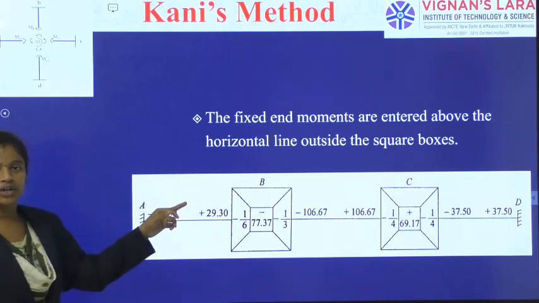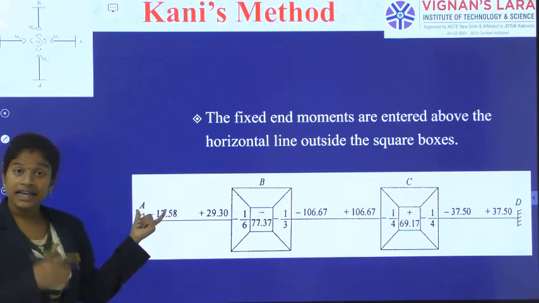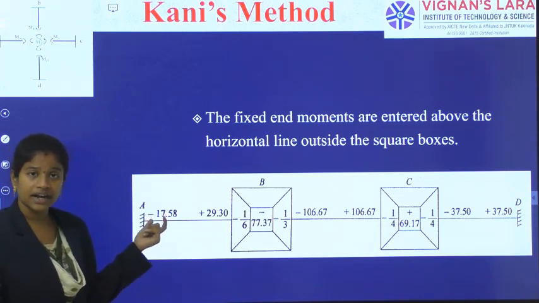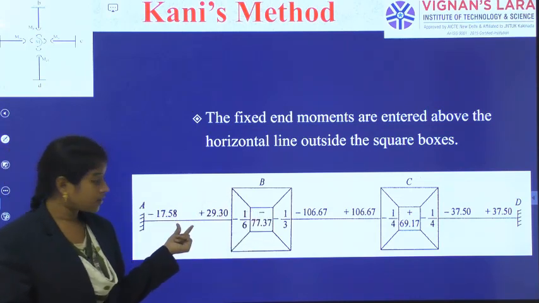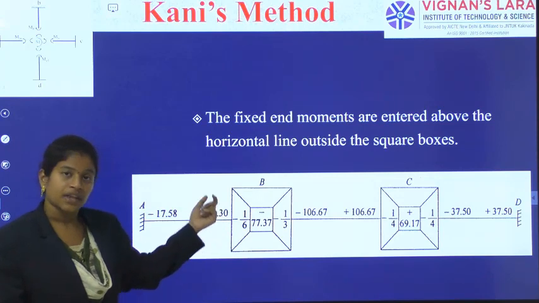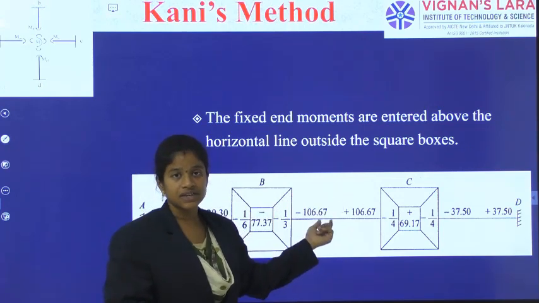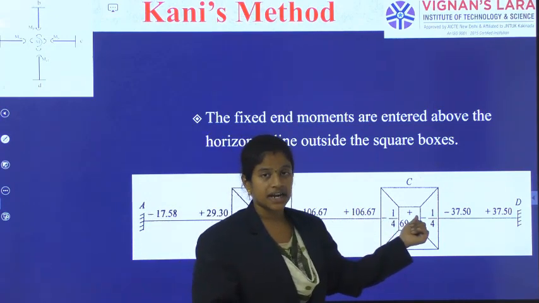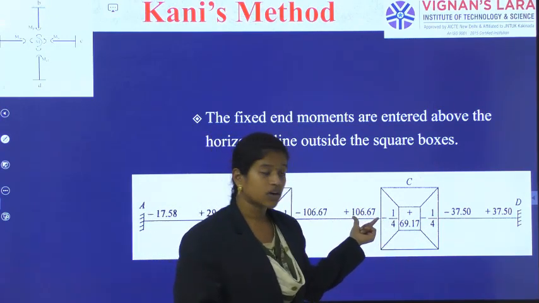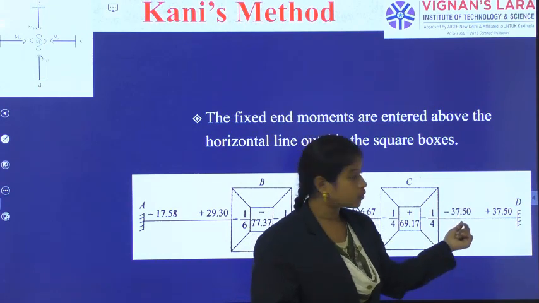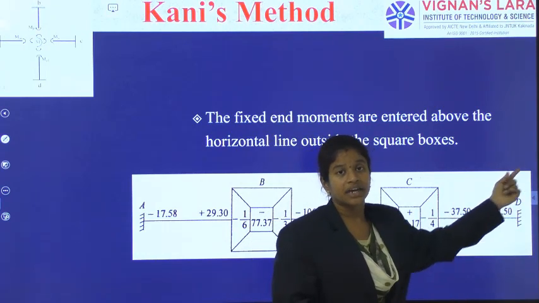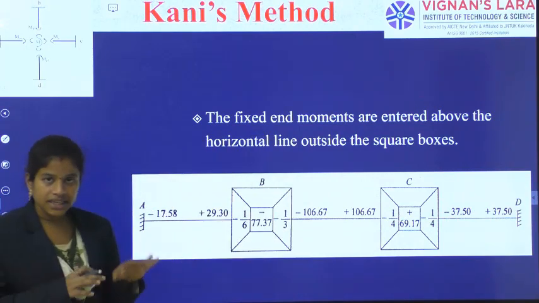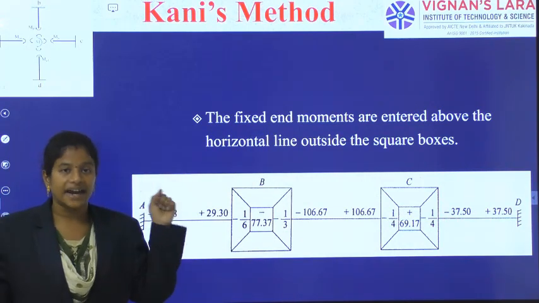At A towards B, the fixed moment value, as calculated with the sign, is minus 15.58. At B towards A, plus 19.30. At B towards C, minus 106.67. At C towards B, plus 106.67. At C towards D, minus 37.5. At D towards C, plus 37.5. So with this step, entering the main values was over.